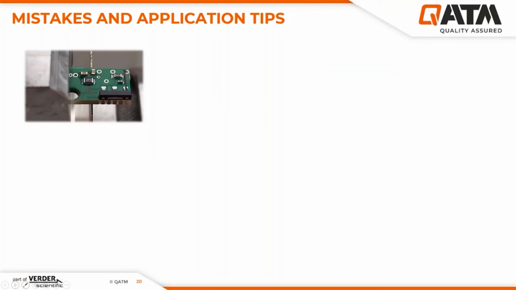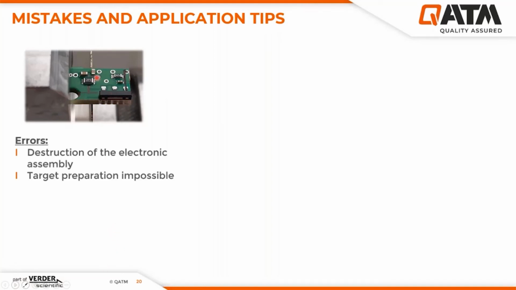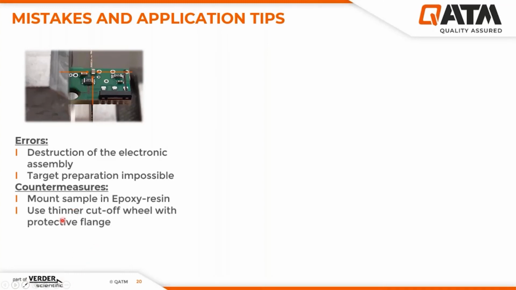There are, however, some errors restricted to targeted preparations or to precision cutoff machines. If we want to make a metallographic cross-section of this capacitor here, we cannot use a thick cutoff wheel like depicted in this picture, because the electronic assembly here will be destroyed during the cutting process, and of course our target preparation is impossible.